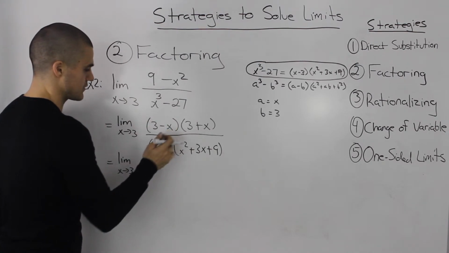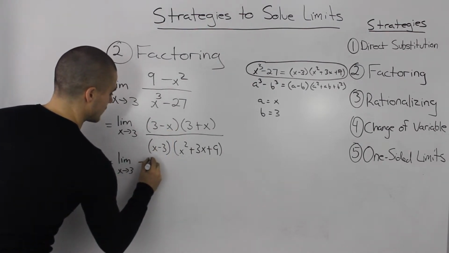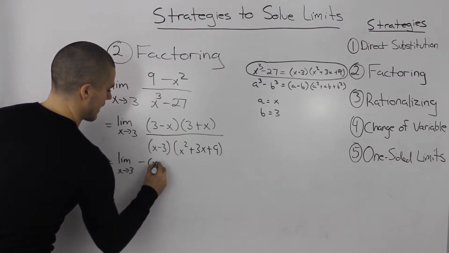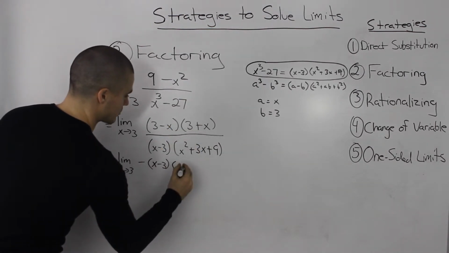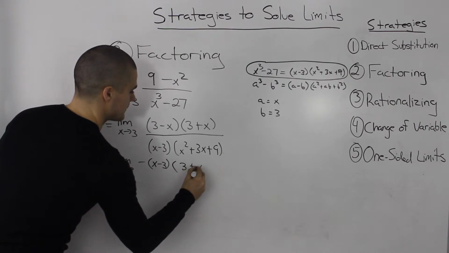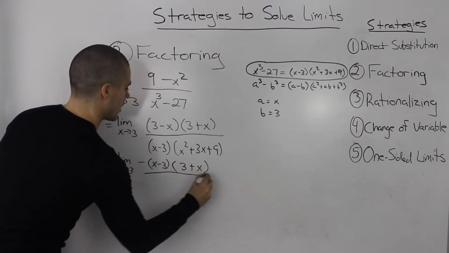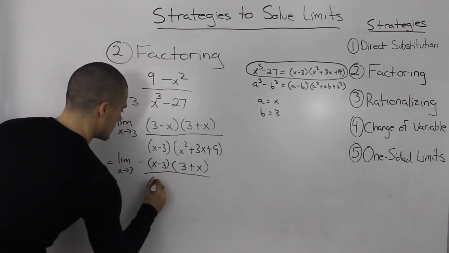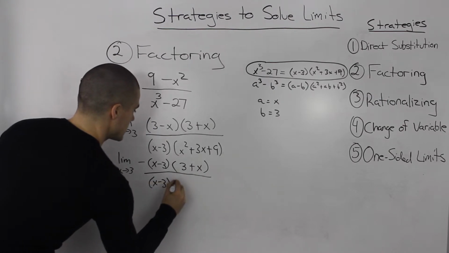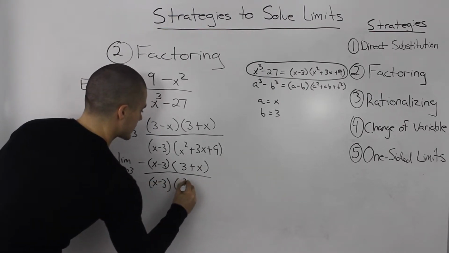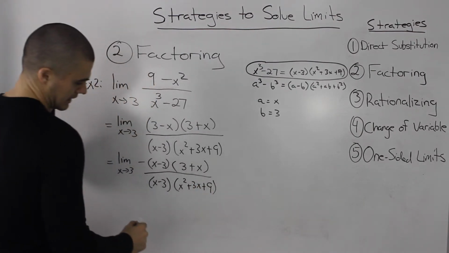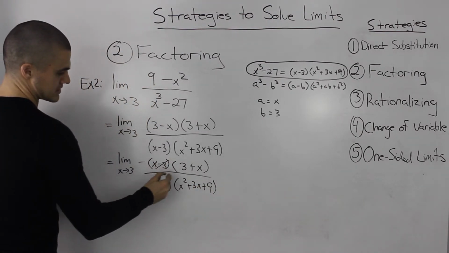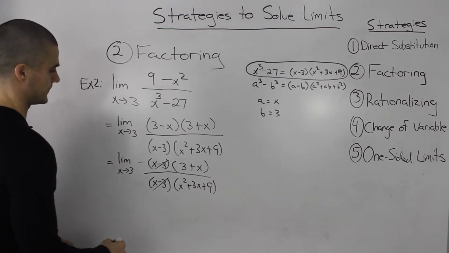We just switched the x and the 3. So if we factor out a negative, we're left with x minus 3 in the first bracket. The second bracket stays the same. All over, let's just rewrite the denominator as x minus 3, and then we'll have x squared plus 3x plus 9. And then notice how this x minus 3 cancels out.